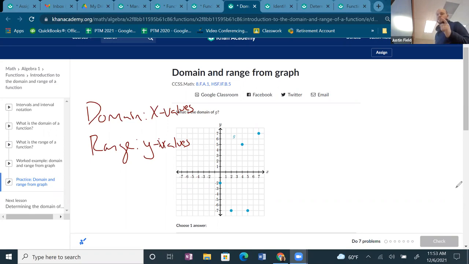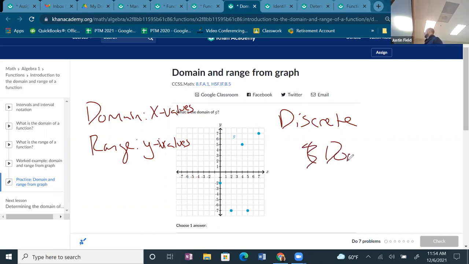Well, G is a discrete function. You remember that? Discrete. And also, let's see, what are the x values? So the domain. The x values are, let's see, 0.